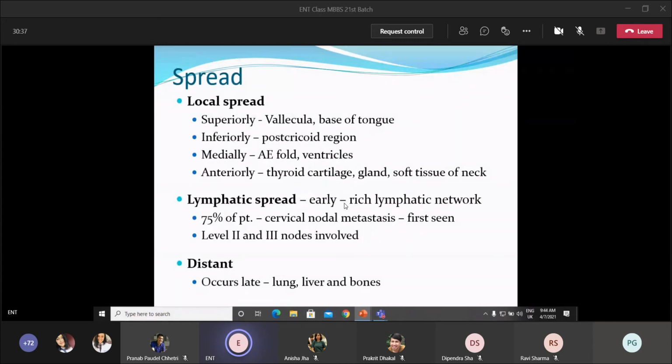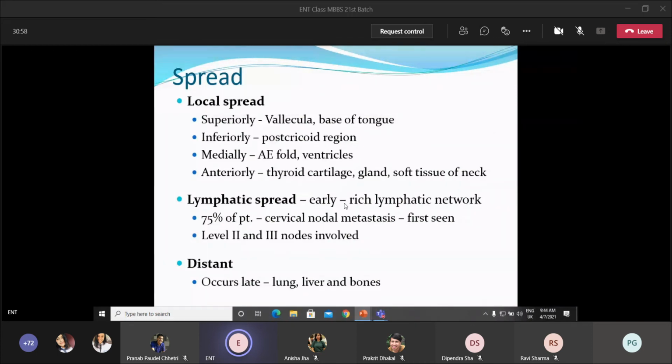Local spread can occur superiorly to vallecula and base of tongue, inferiorly to the post-cricoid region, medially to aryepiglottic fold, ventricles, anteriorly to thyroid cartilage, gland, soft tissue of neck.